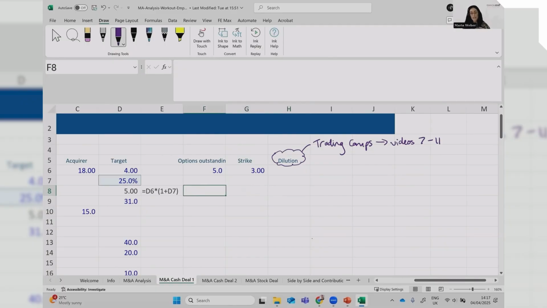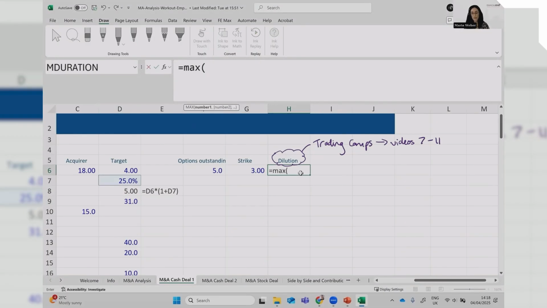What we're going to do is we look and say, okay, at the moment in the company, there's 31 million shares outstanding, but we've got to look, are there any employee stock options that are outstanding that are going to be in the money? People are going to exercise them. And so actually, there's going to be more shares outstanding. This is my dilution calc. So very quickly, I know it's going to be too quick for those of you that don't know what this is, so just ignore me.